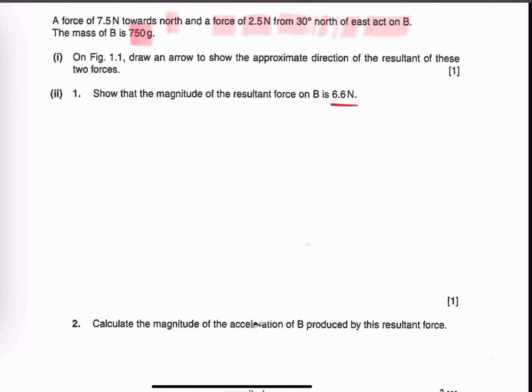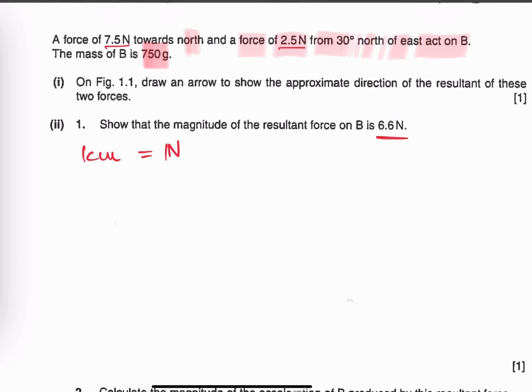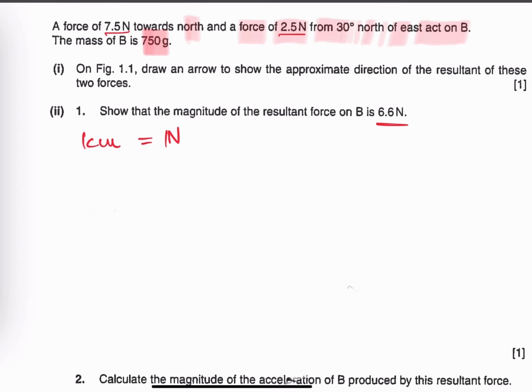First of all, choose the scale. Force 1 is 7.5 Newton, and let's suppose 1 centimeter equals 1 Newton. So first of all we have to draw 7.5 Newton in the north direction.